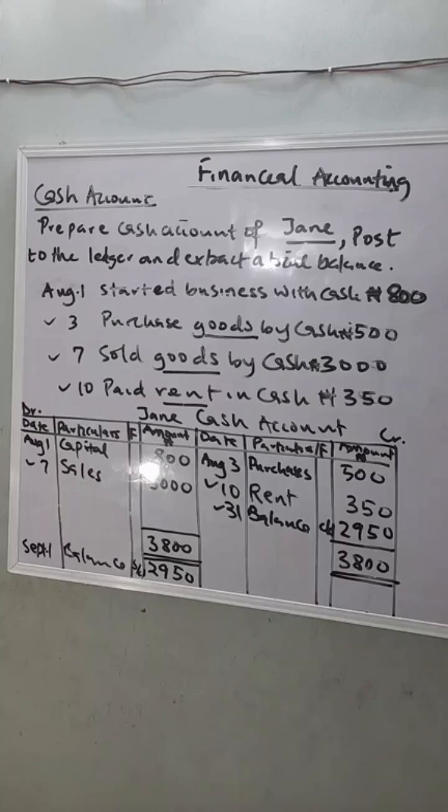From that cash book, I'm going to apply the principle of double entry in posting to the ledger and extracting the trial balance. Remember, the double entry principle says for every debit entry, there must be a corresponding credit entry and vice versa.